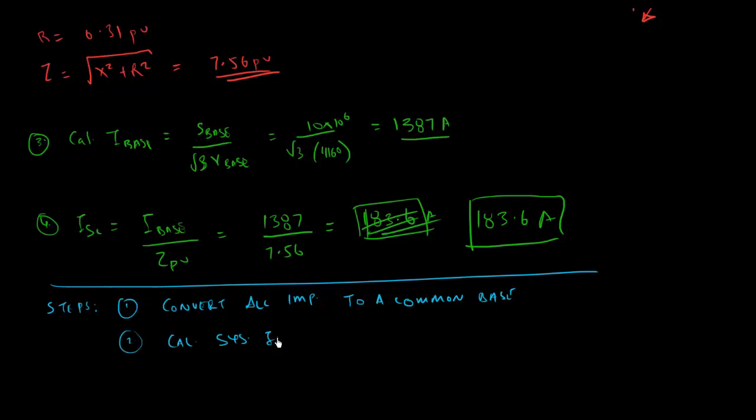Step three is you calculate your I base. And then step four, this is Z per unit is what you get. Your final step is calculating the short circuit current, I base over Z per unit. So those are the steps to find out the three-phase fault current.